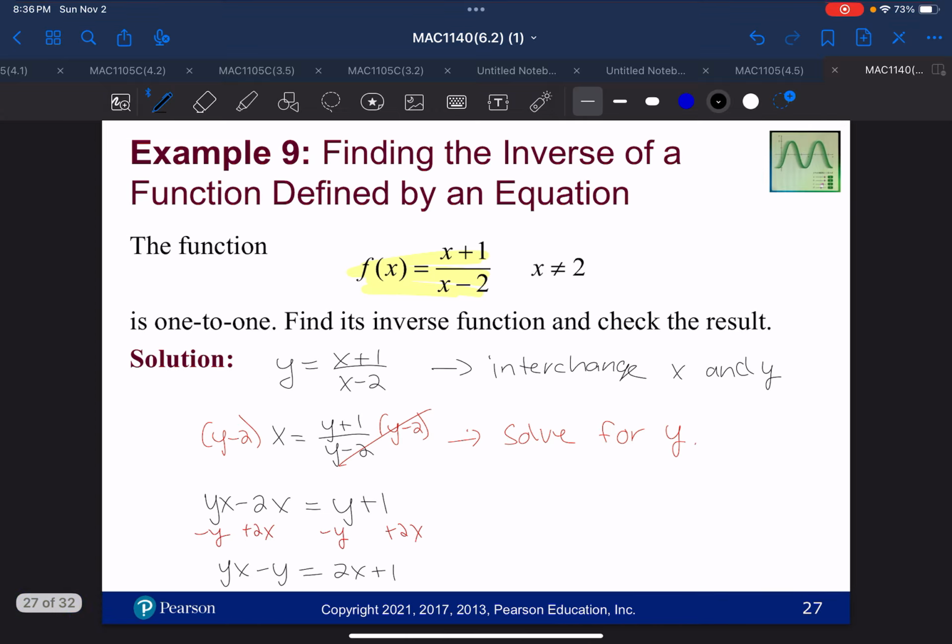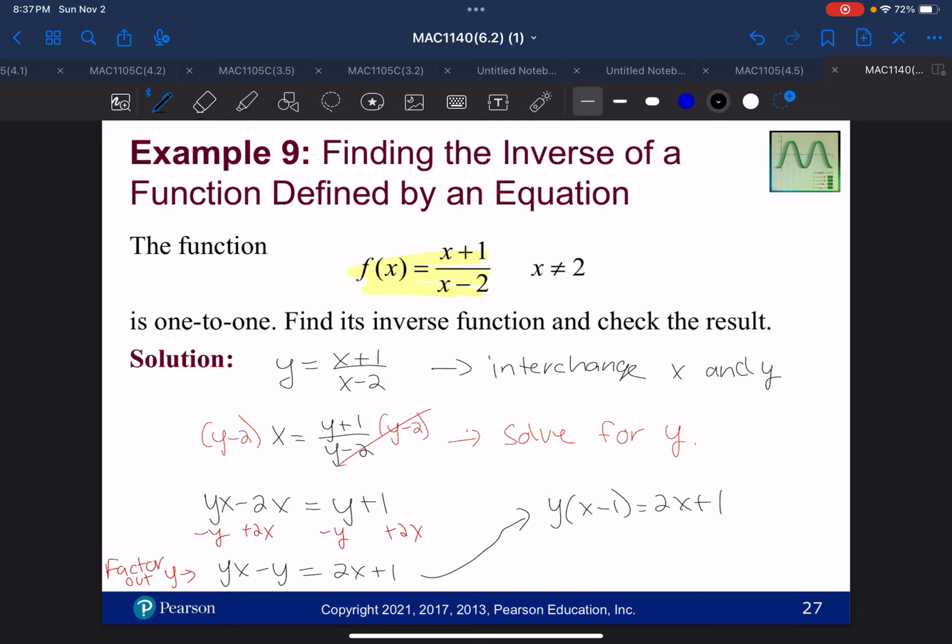And now we need to factor out the y. And that will give me y times x minus 1 is equal to 2x plus 1.